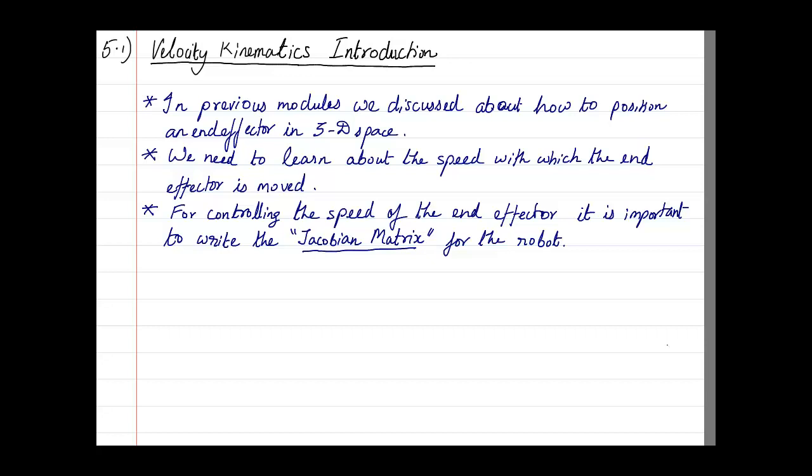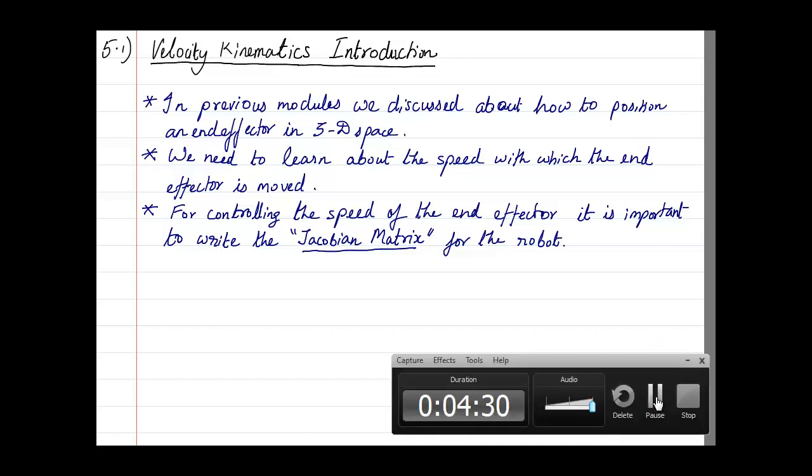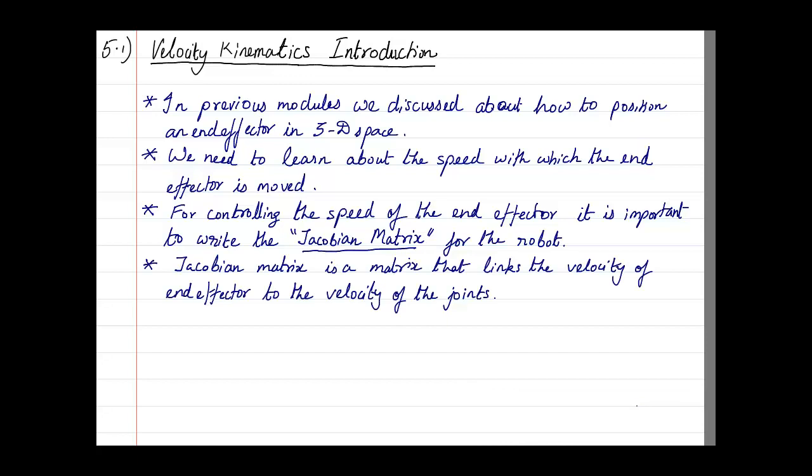So the Jacobian matrix mathematically connects the velocity of the end effector and the velocity of the joint variable. Let me write that as a point. The Jacobian matrix is a matrix that links the velocity of the end effector to the velocity of the joints. Now here people might be thinking, what is the relation between the velocity of the end effector and the velocity of the joints?